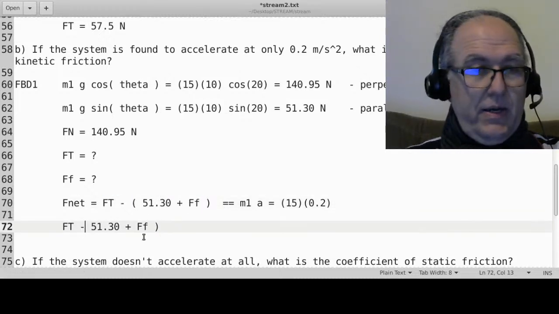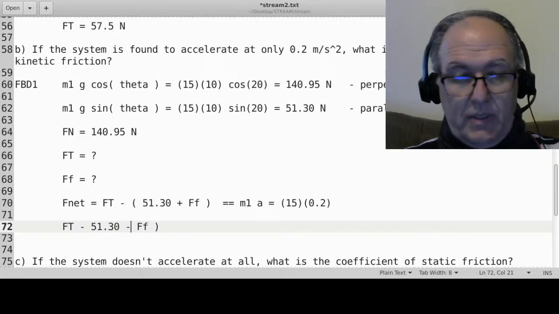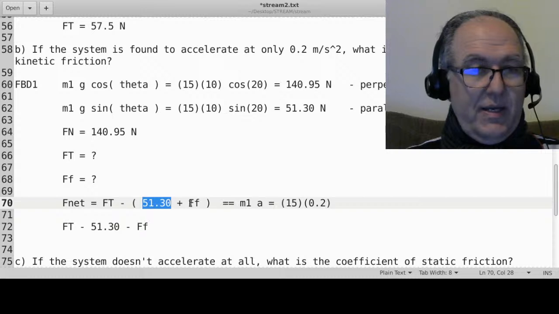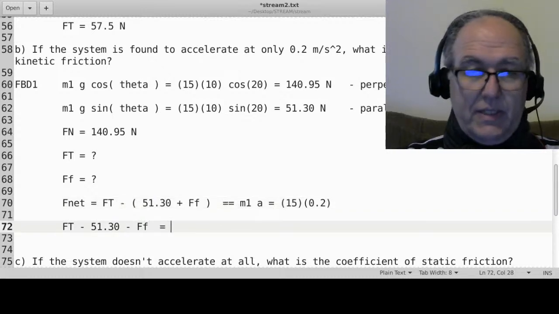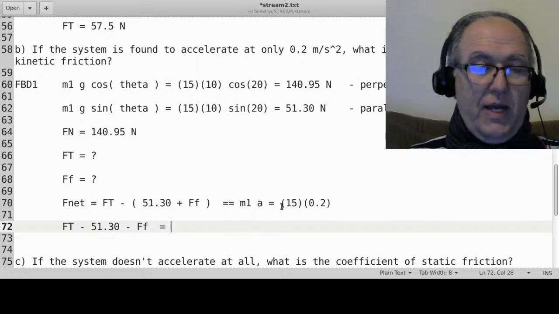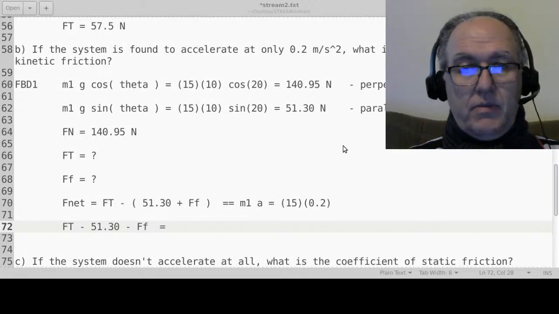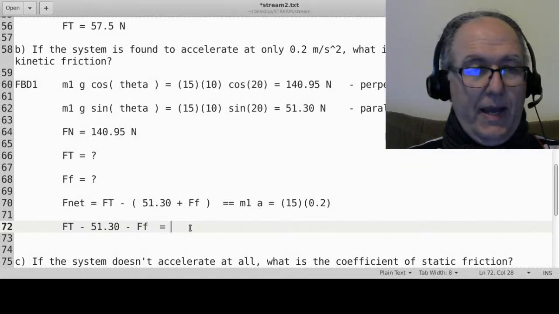So this is going to reduce to this. If we distribute the negative sign, you'll get that, because it's negative this and negative that. That's going to equal 0.2 times 15, so it's 3. There it is.